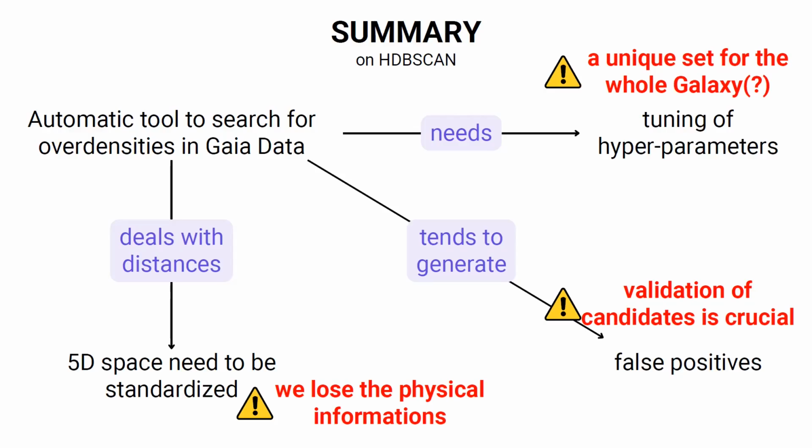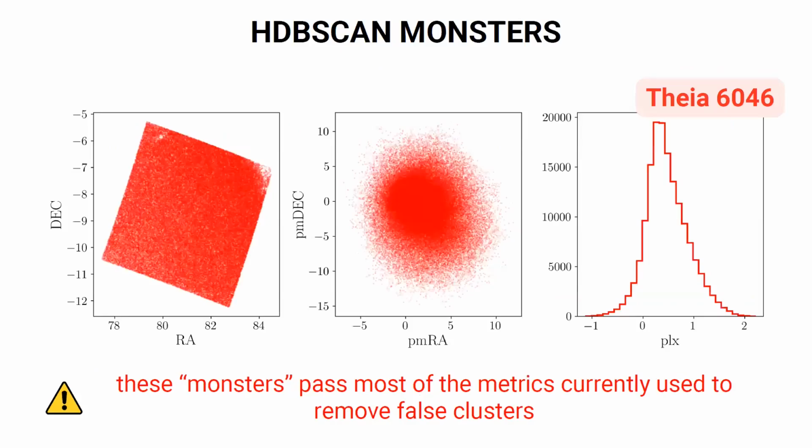So this leads us to think that inside our catalogs there are what I personally call HDBSCAN monsters, that are these objects here. You see, this is UBC 6046, it is in a lot of papers. It has been discussed a lot. It is inside a lot of catalogs of open clusters, but is clearly not an open cluster.